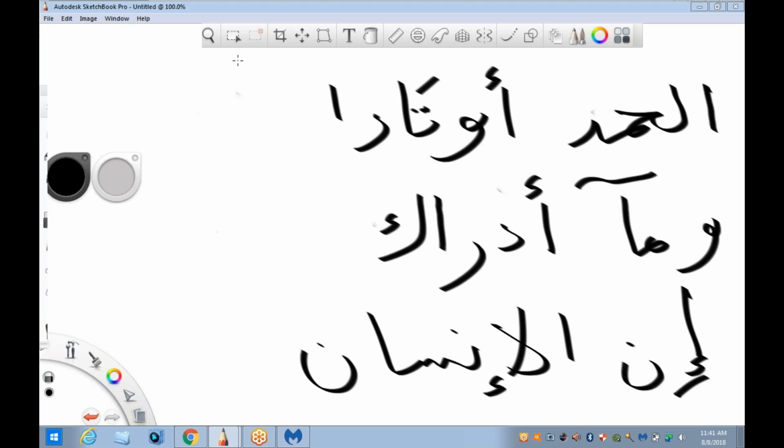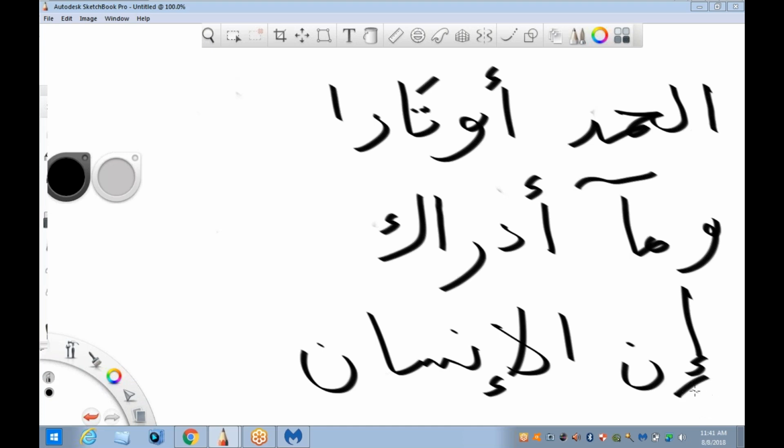Wama. You have to actually bring these two points together, then open it up. And you can't just merge it in there and say wama daraka. You all after me. Wama adraka.